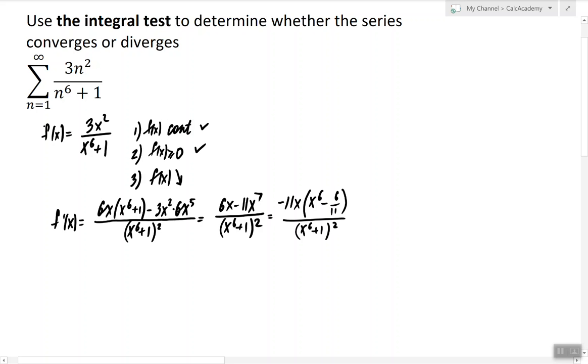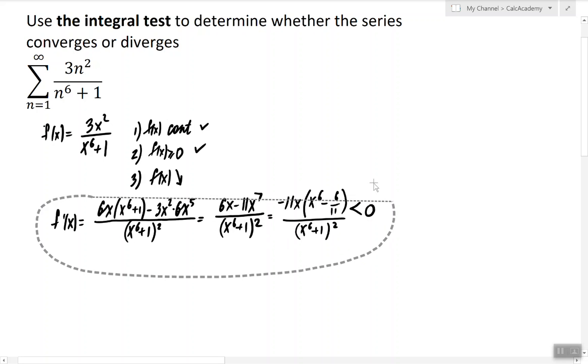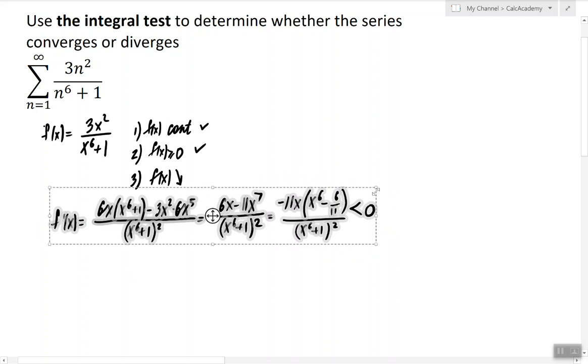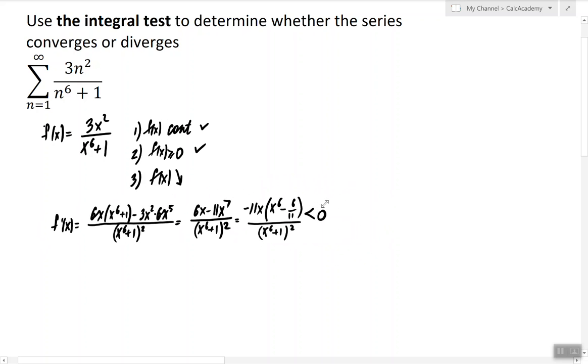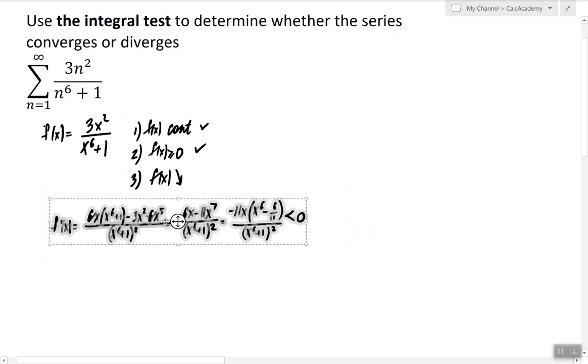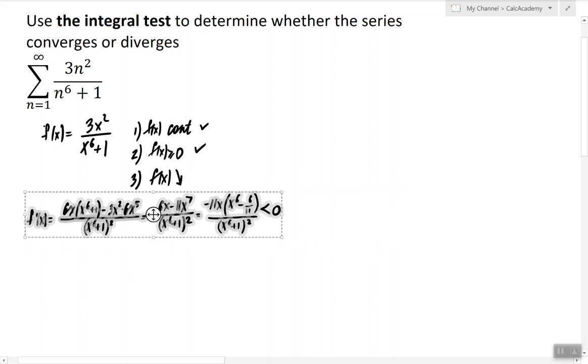We'll see that for x values greater than 1, this is strictly negative, meaning that the actual function will be decreasing on the interval from 1 to infinity. This is something that we have to do just to confirm that the function is decreasing. It's not part of the integral test.